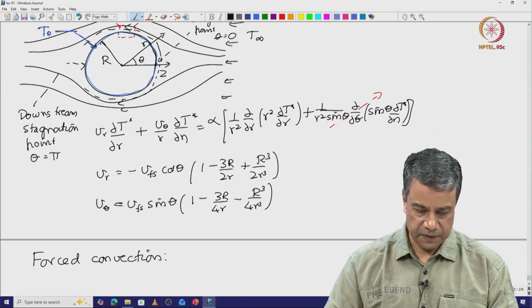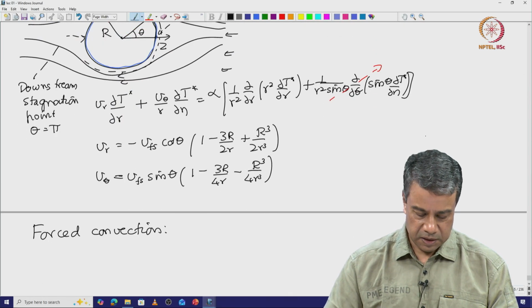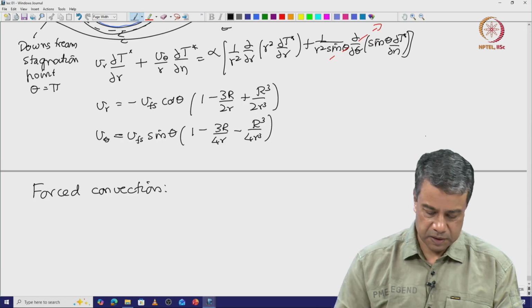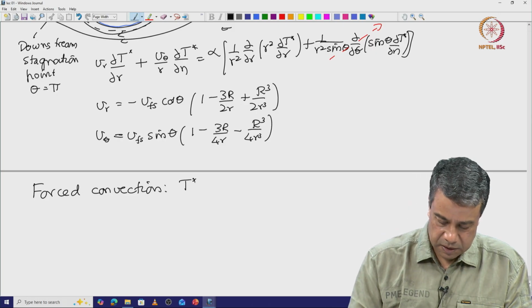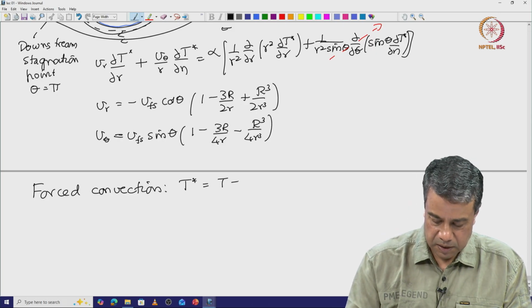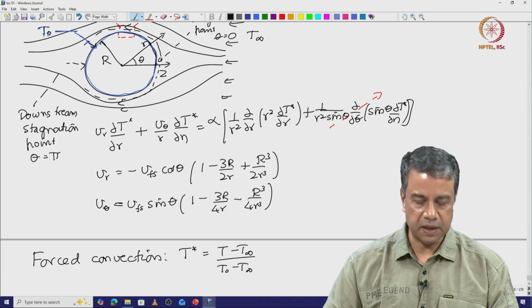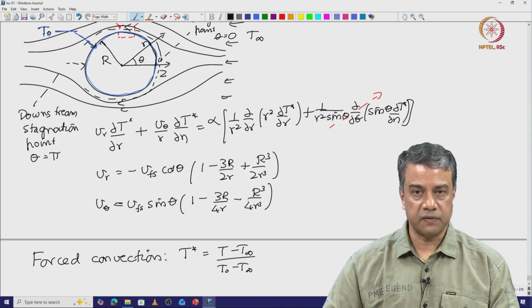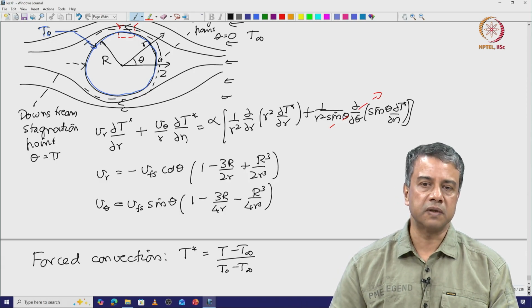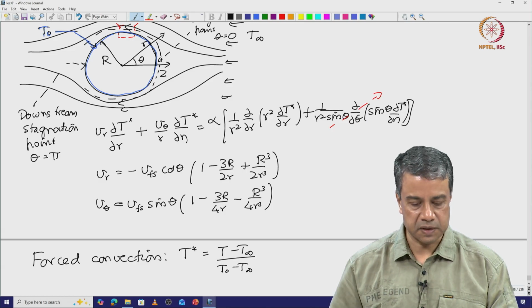First thing, we define the scaled temperature. The scaled temperature T star is equal to T minus T infinity divided by T naught minus T infinity. As usual, T minus the temperature far from the sphere divided by the difference between the surface and the temperature far from the sphere.